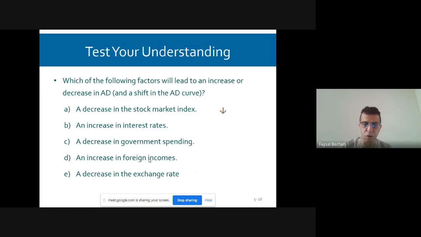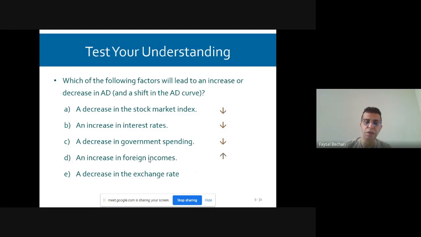So it will lower the aggregate demand. An increase in the interest rate means people will buy less because they don't want to borrow more. So that will decrease aggregate demand. A decrease in government spending means people have less money, so there will be a decrease in buying.